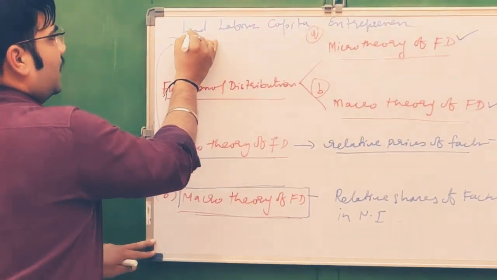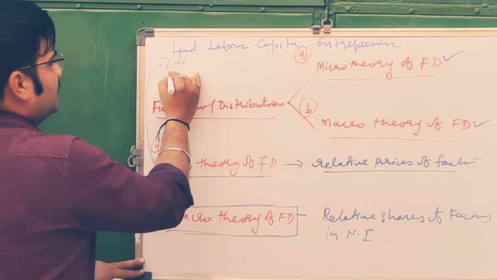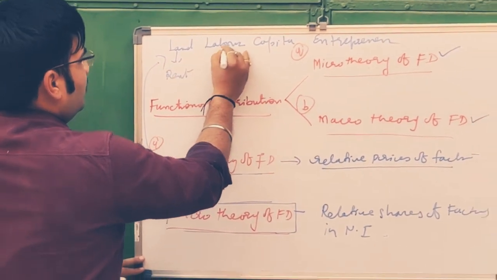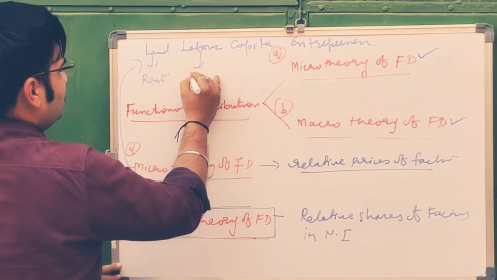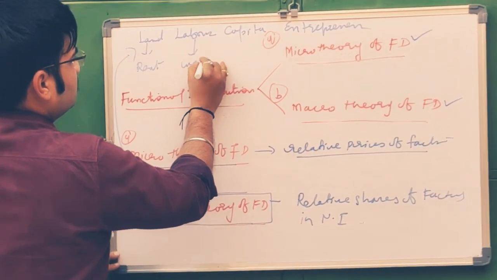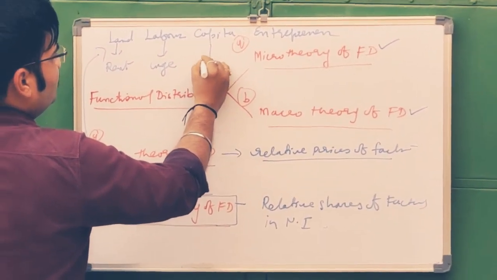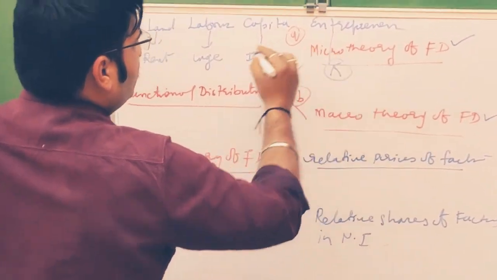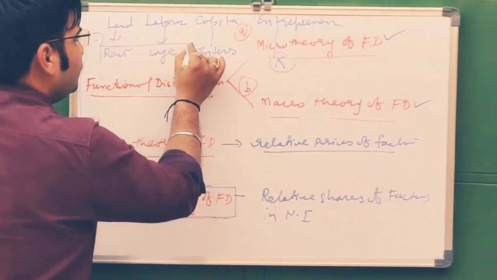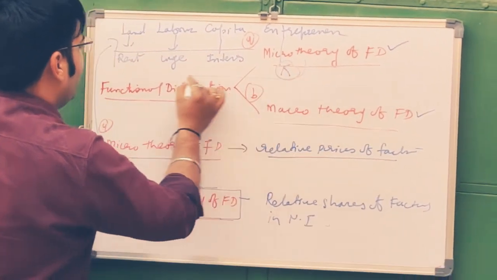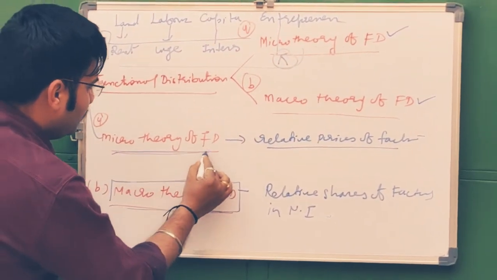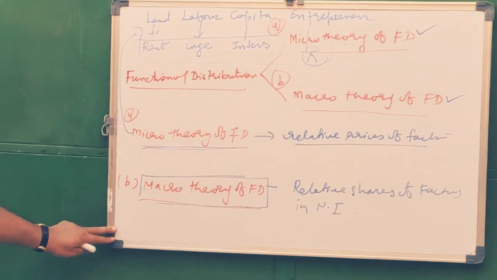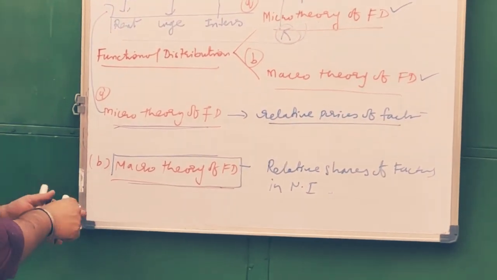The price of land is rent, labor remuneration is wage, capital earns interest, and entrepreneur earns profit. These relative prices are determined with the help of the micro theory of functional distribution.